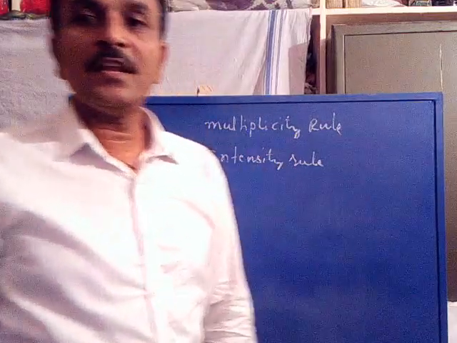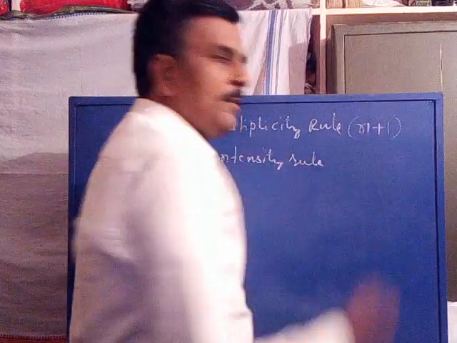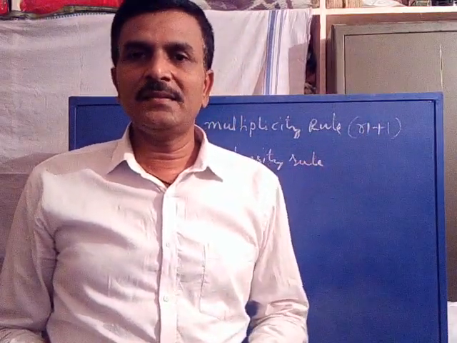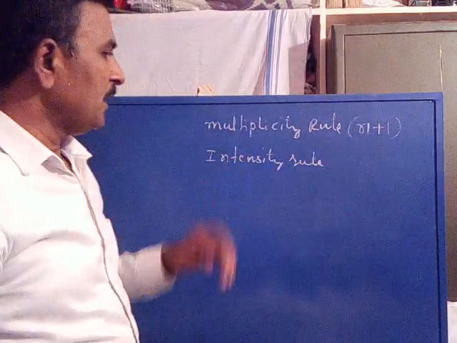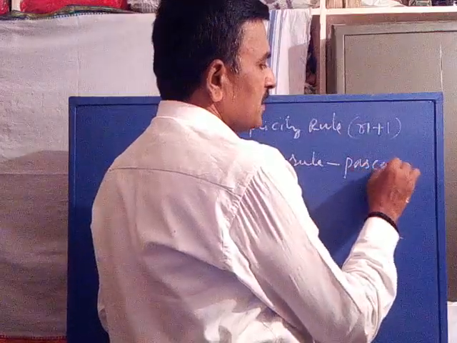What is the multiplicity rule? N plus 1 is the multiplicity rule, where n is equal to the number of adjacent protons to which the first set is coupled. And for the intensity rule, we can follow Pascal's triangle.